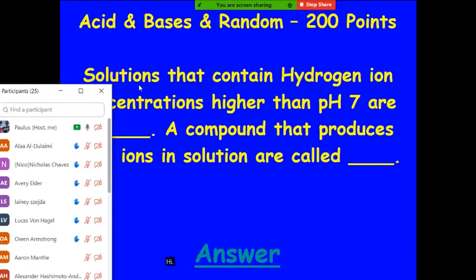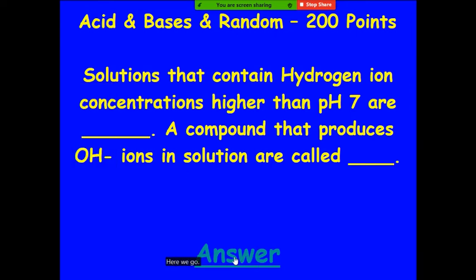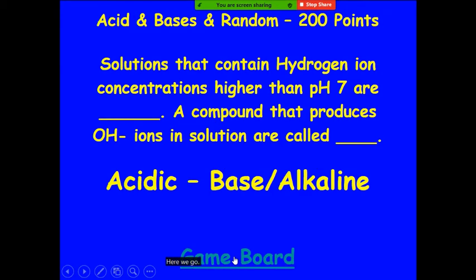All right, here we go. Okay, so if you have a higher hydrogen ion concentration than 7, that means you have more hydrogen ions, and that means it is acidic. Compound that produces hydroxide, that's the opposite. That's base or alkaline.